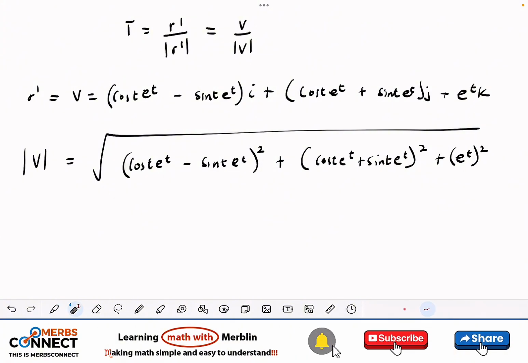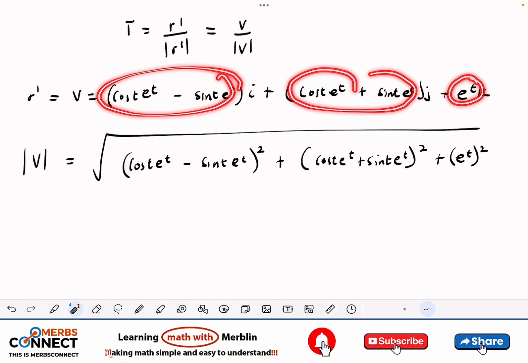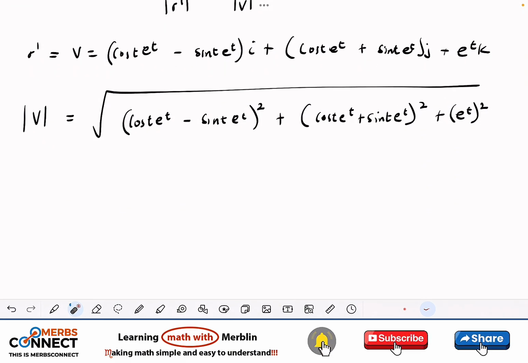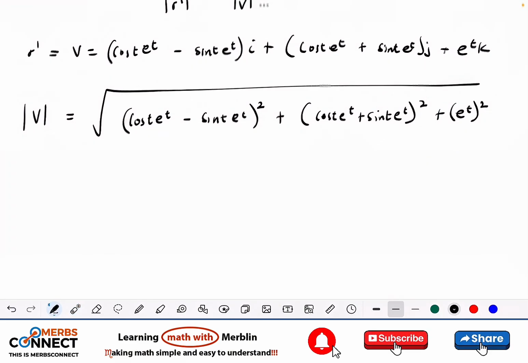So we are finding the magnitude. Pick the coefficient of i, coefficient of j, and k. And we just do it. Somebody is asking, why are we picking the coefficients? Because even if I add the i here, when I square, i squared is 1, right? Because we are dealing with vectors. So i squared is 1. So we just need to pick the coefficient and we are done.